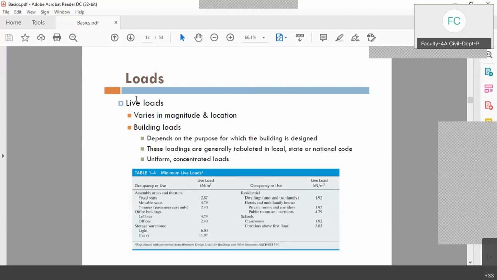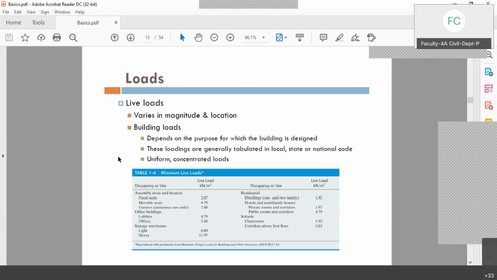So that particular live load may vary from 2 kilonewton per meter square to 12 kilonewton per meter square, depending upon whether it is an assembly hall, an office building or a residential building, or in the residential building whether it is a hotel or dwelling places, or if we talk about office spaces, whether they are offices or lobbies.